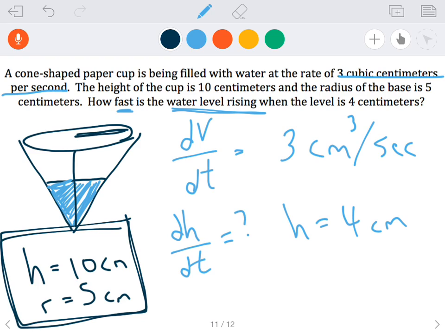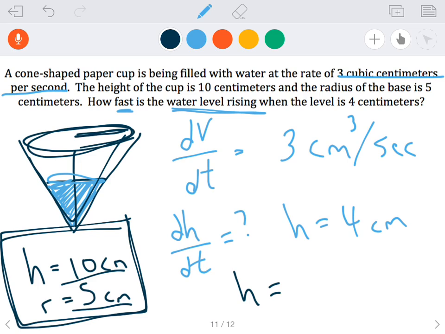Would you agree that the cone of water here is proportional to the big cone of the cup? It is proportional. So what I can do with that is look at the dimensions of the cup and see how that relates to the dimensions of the water. Looking at the cup, I see that the height is twice the radius.